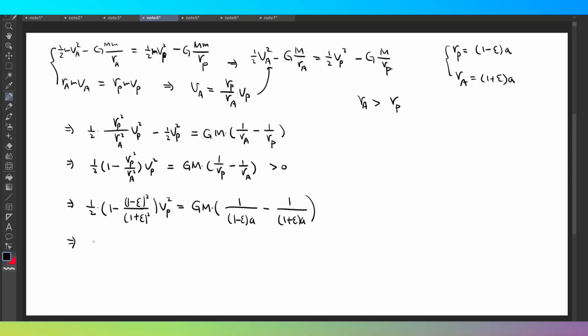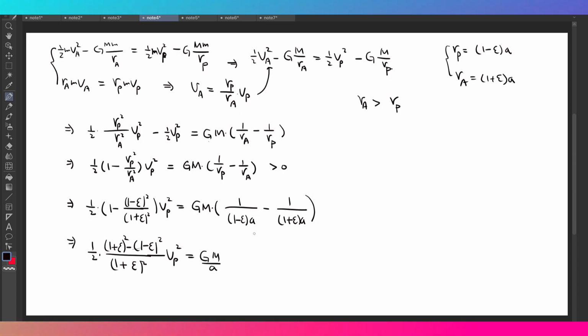So I'm going to do 1 plus epsilon squared. So I get these two a common denominator, and then we have 1 plus epsilon squared minus 1 minus epsilon squared times VP squared equals GM over A.